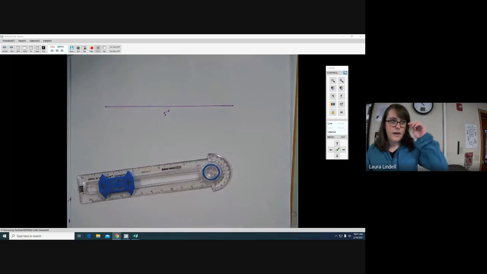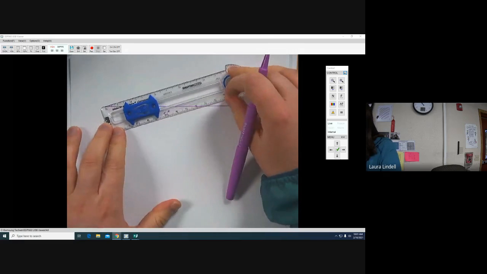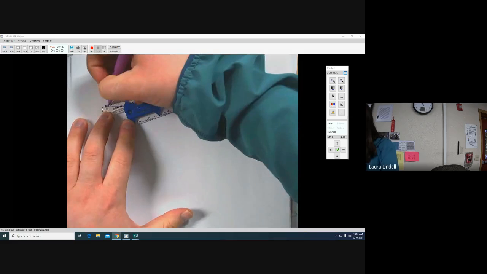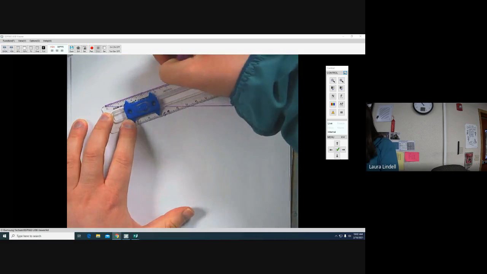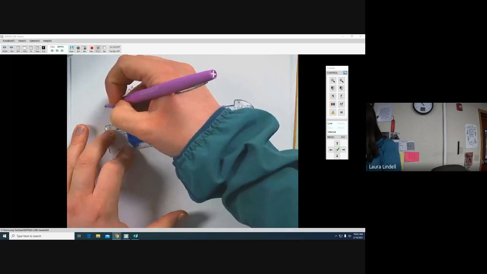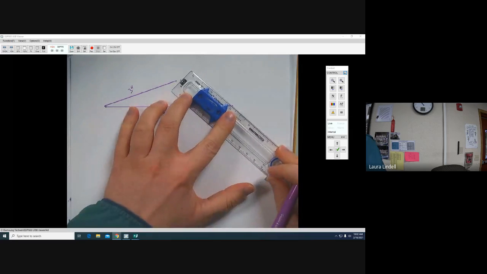And then let's make some other sides for this potential triangle. I'm going to make one that's 3 units long, or 3 inches long. And then I'm going to make another one that's 2 inches long.